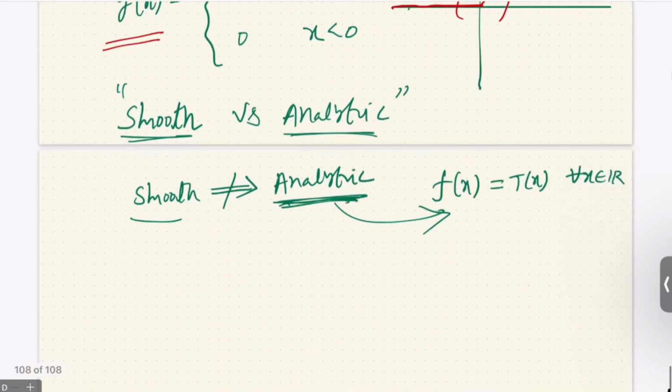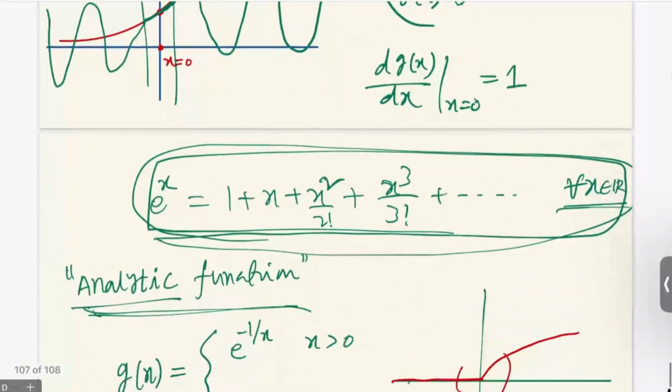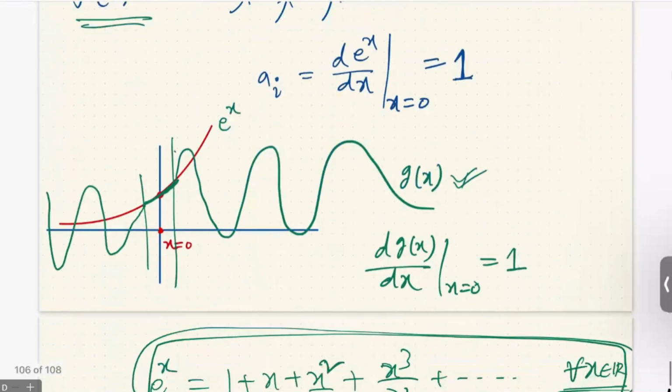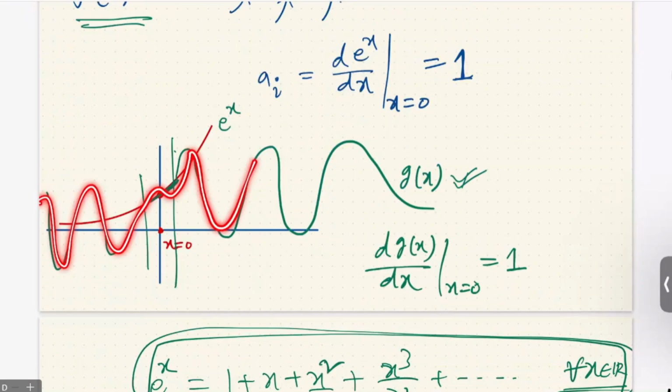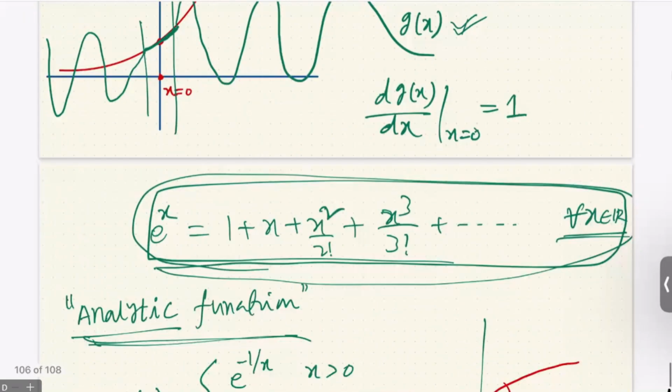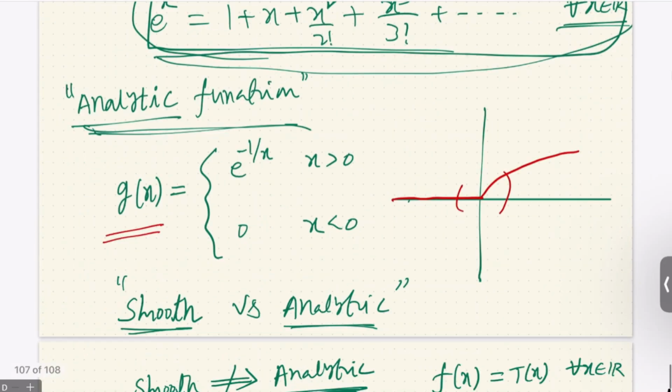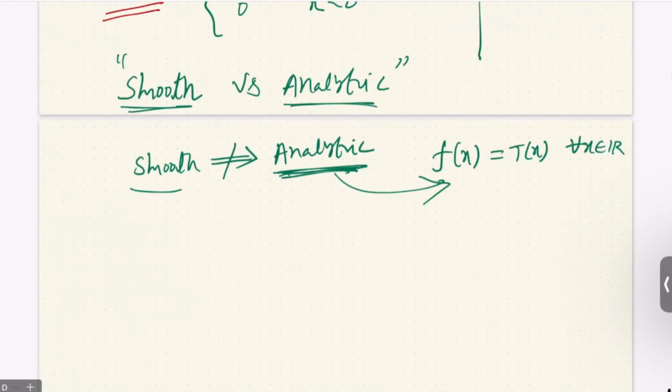That is why you don't get expansions for some crazy functions, like my g of x; you don't have a series expansion that is satisfied for all x belonging to R. So those functions which have an infinite Taylor series that is true for f of x for all x belonging to R, not local, are analytic functions. That is the clear distinction. Smooth functions are continuous functions, but not every smooth function can be analytic in the real case.